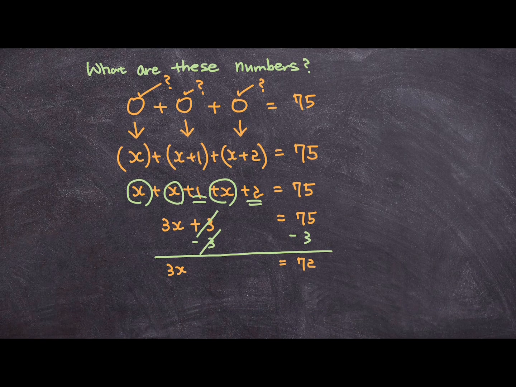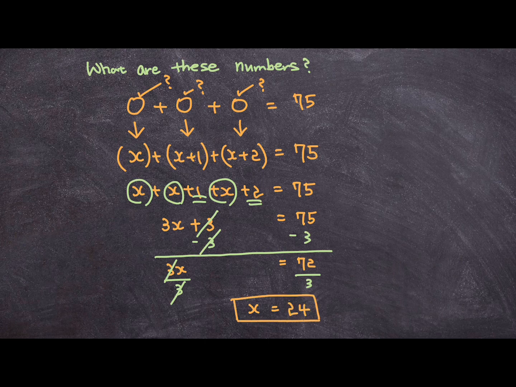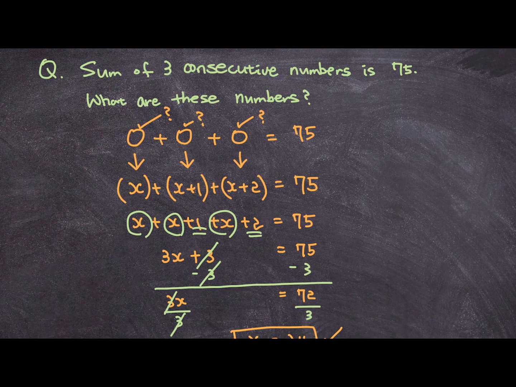Lastly, I am going to divide both sides of the equation by 3 in order to get rid of that coefficient in front of the variable x. That way, I'll get x is equal to 72 over 3, or 24, and that'll be my final answer to this question. The question originally is asking for not just one number, but all three numbers.